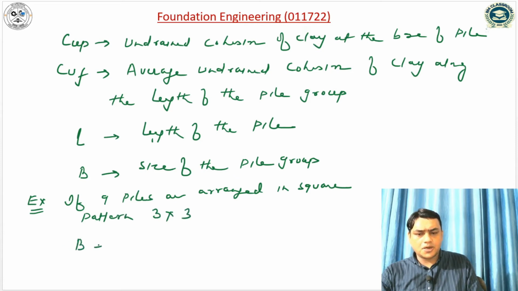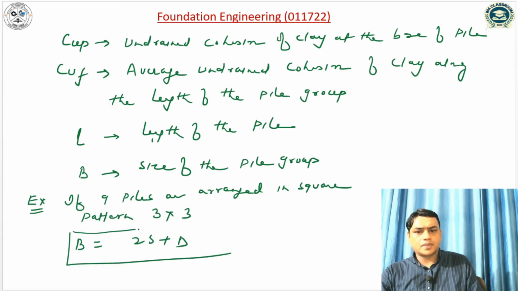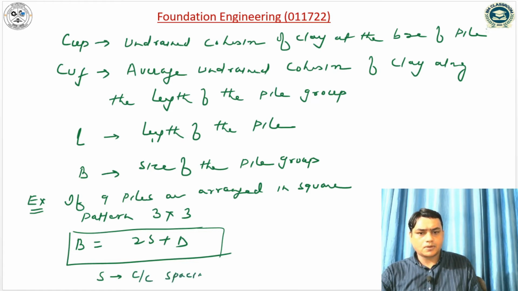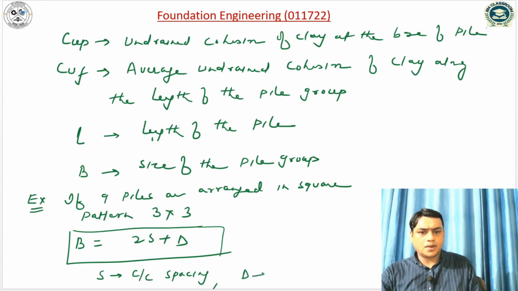So B can be written as 2S plus D, where D is the diameter and S is the center to center spacing.